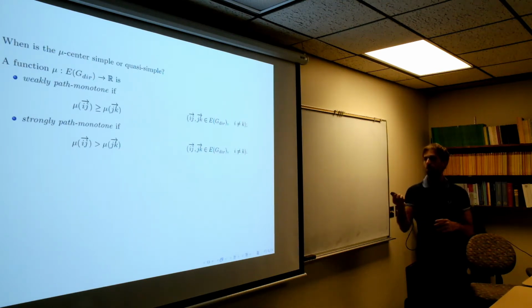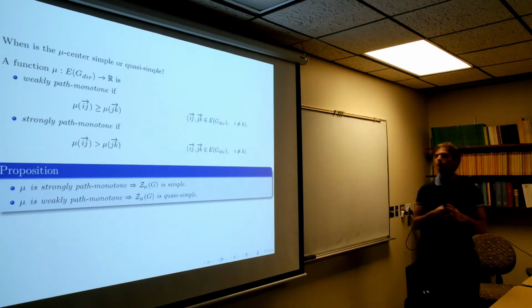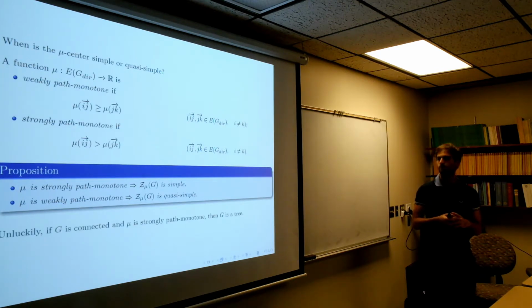And it turns out that this is sufficient to have simplicity or quasi-simplicity. So if mu is strongly path monotone, then the center is always simple, and if mu is weakly path monotone, then the center is quasi-simple. Unluckily, this strong path monotonicity is a very strong property.